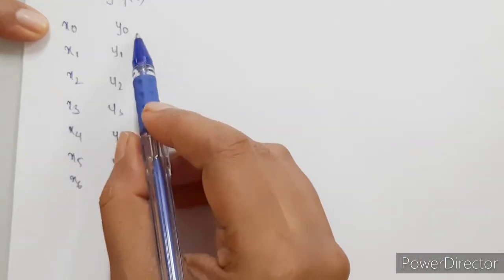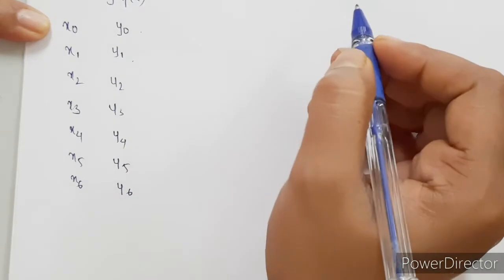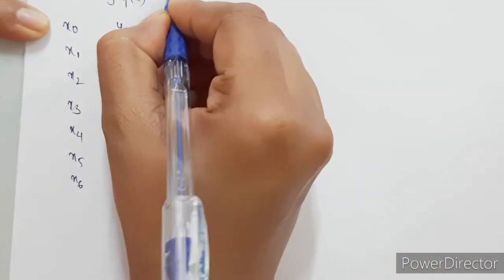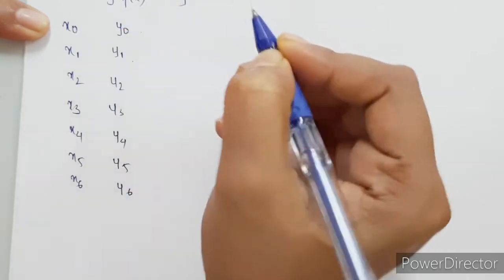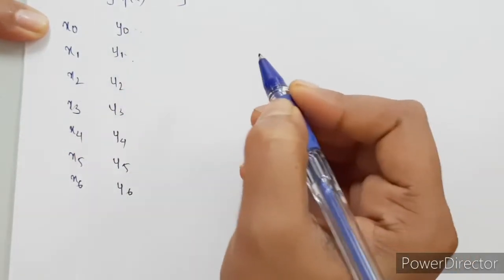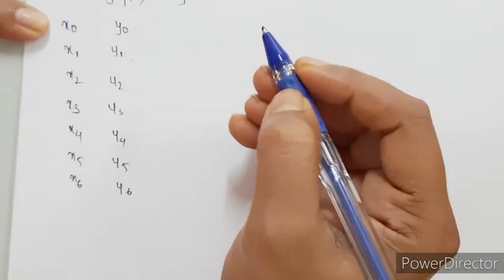Or we can say this is f of x0, f of x1, f of x2 and so on. Now the forward difference, that is first difference here is delta y, which is y1 minus y0, f of x1 minus f of x0.